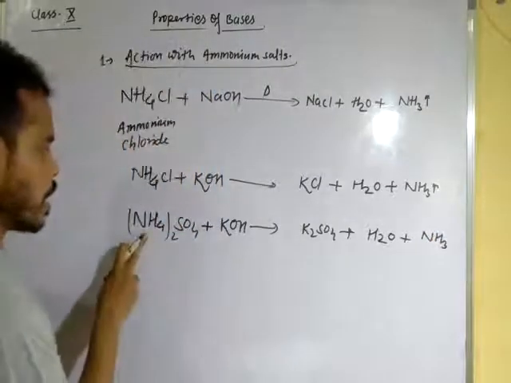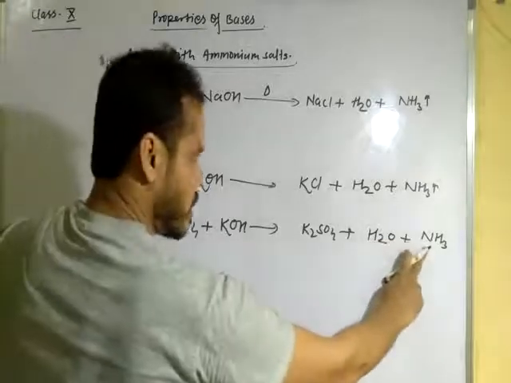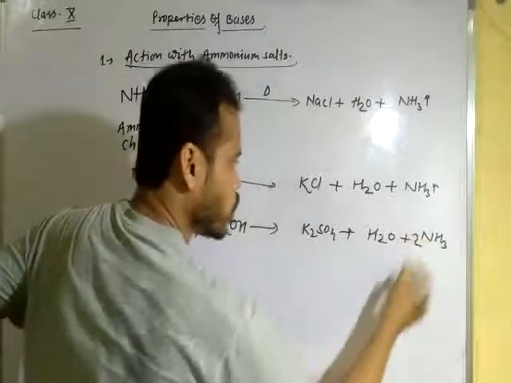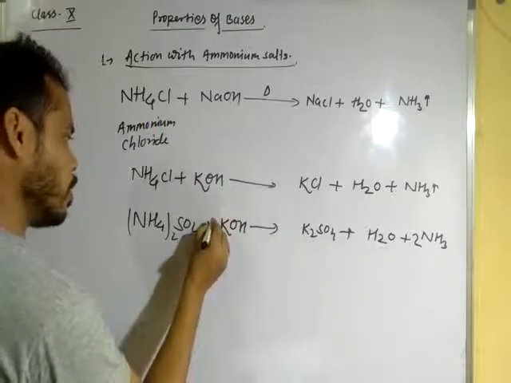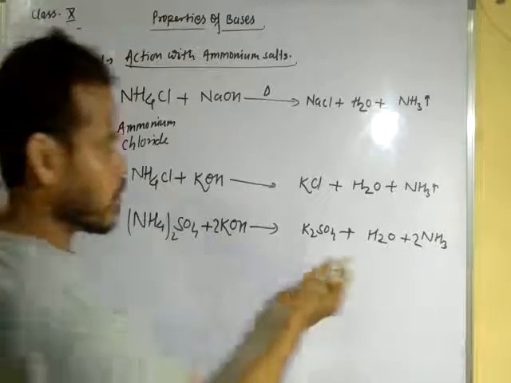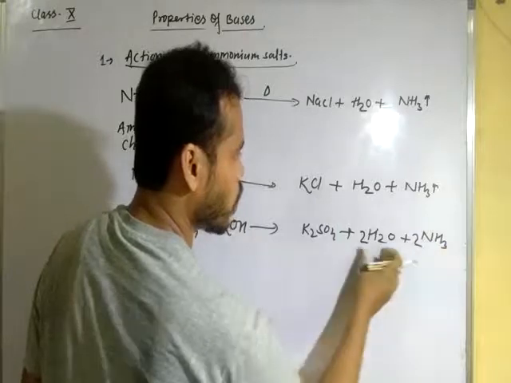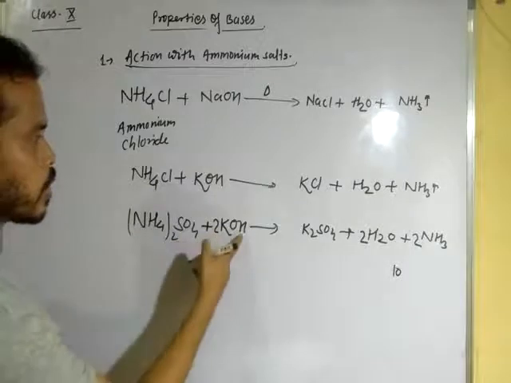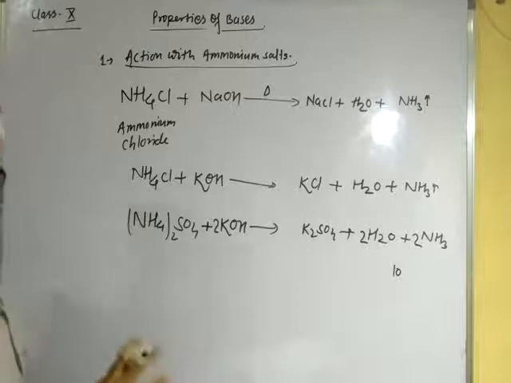To balance the nitrogen atoms on the right hand side, because here there are 2 nitrogen atoms, multiply NH3 with 2. Clear, dear student? And here potassium is 2, so multiply potassium hydroxide with 2, and 2 oxygen atoms already, so multiplied with 2. 2 to the 4 and 3 to the 6, 4 and 6 makes 10 hydrogen. Here 4 to the 8 and 2 hydrogen, 10 hydrogen on the left hand side. That means the reaction is balanced.